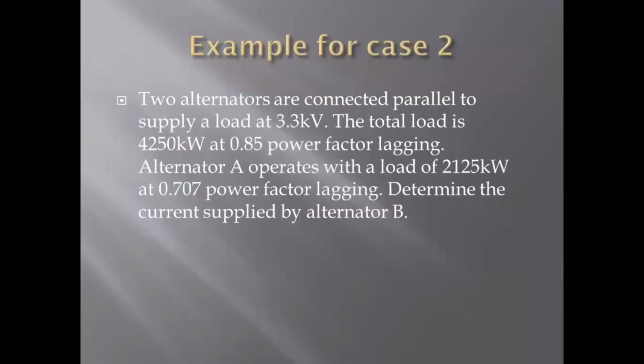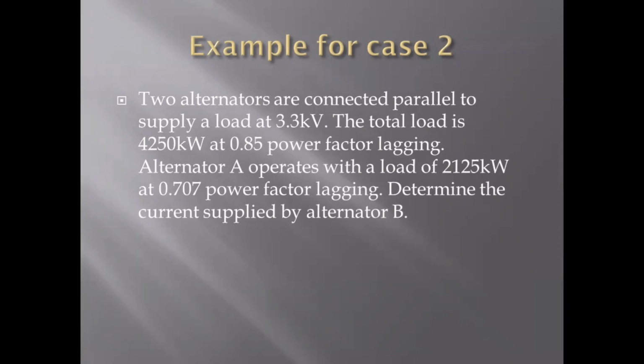The next example is for case 3. Two alternators are connected in parallel to supply a load at 3.3 kV. The total load is 4,250 kilowatts at 0.85 power factor lagging. Alternator A operates with a load of 2,125 kilowatts at 0.707 power factor lagging.